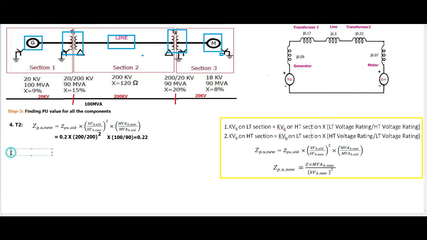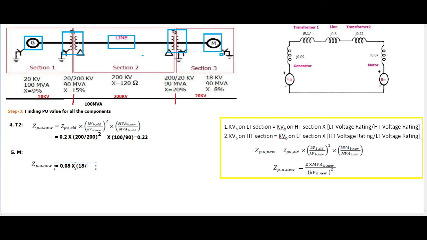Then the last component, the fifth component, is the motor. The motor per unit impedance is given, correct, the reactance is in per unit. So again we use the same formula, and just substitute in that formula. So Z pu new is equal to, old per unit impedance is 0.08. 8% should be converted into 0.08, and then old base voltage is 18.